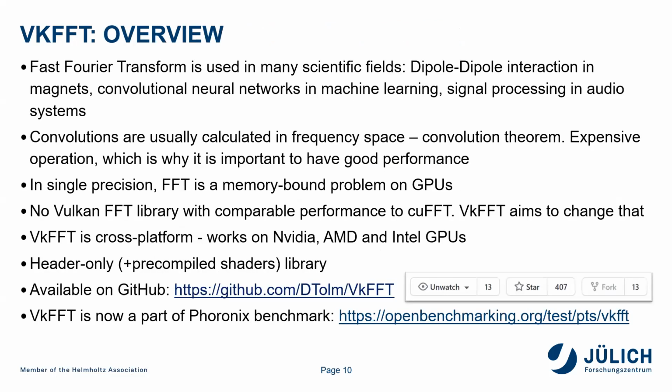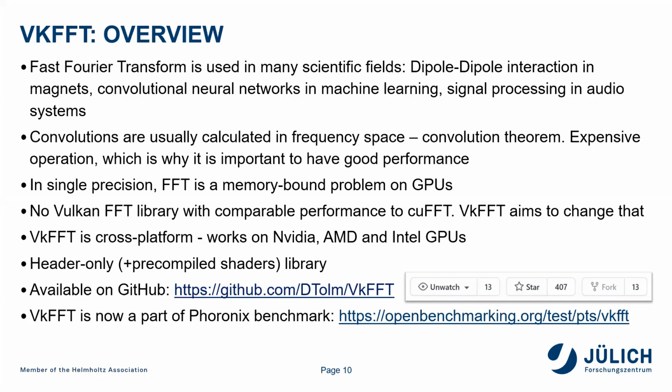Okay, now I will briefly describe what I created in Vulkan during my master thesis. The first thing is a GPU library for fast Fourier transforms. It's used in many scientific fields. I used it for dipole-dipole interaction in magnets, but it can also be used for convolutional neural networks, machine learning, and signal processing.